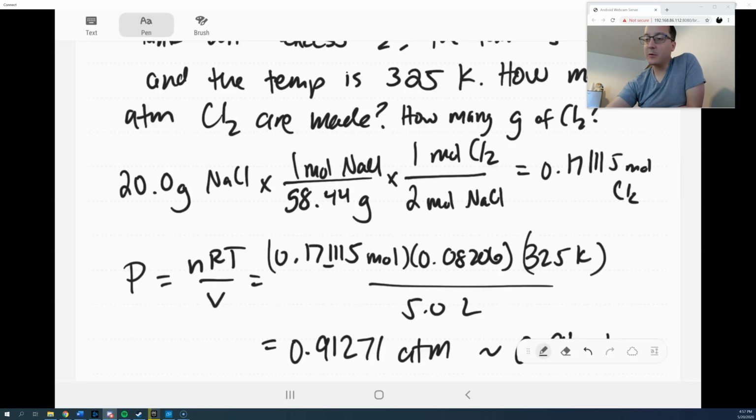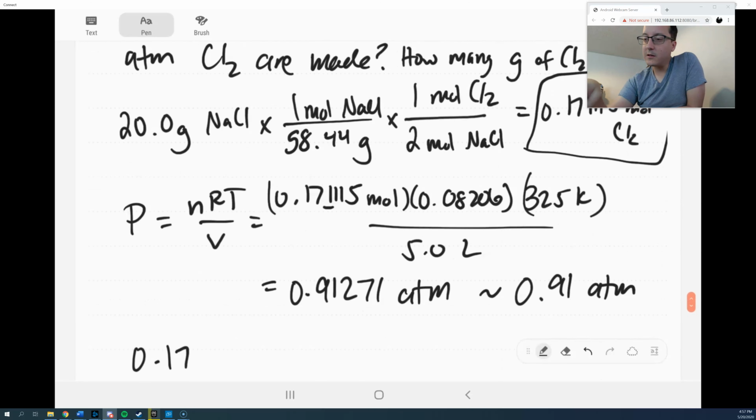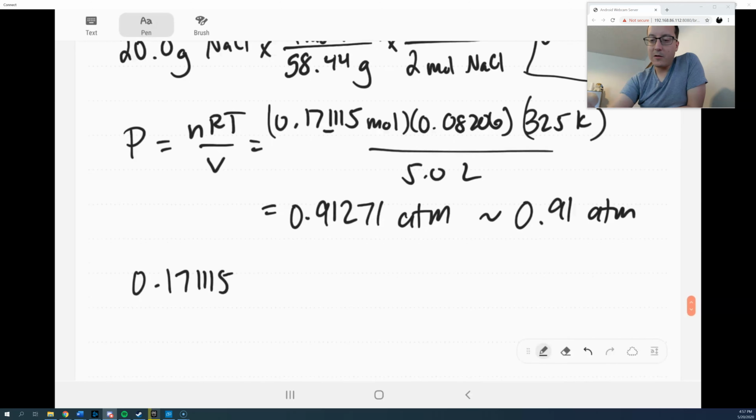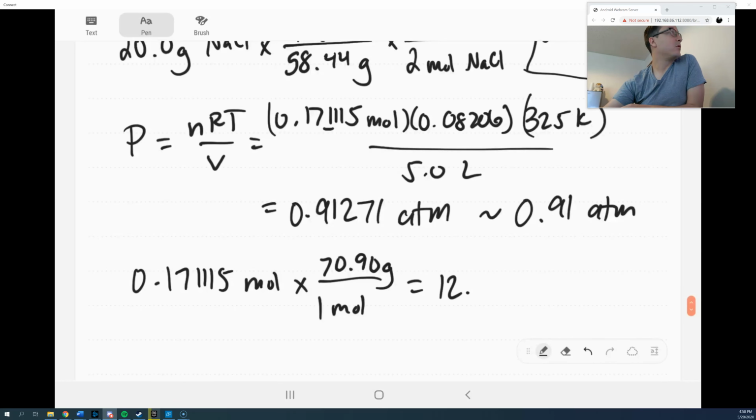Moles to grams, exactly. So we've got the moles here. Once we have the moles of the substance we want, we can use whatever things we need to do to get it into whatever unit we want. So we could say 0.171115 moles times 70.90 grams per 1 mole. Isn't it sad how I have so many of these memorized? 0.171115 times 70.9 is going to be 12.13 grams.